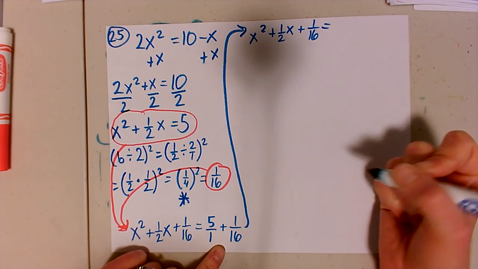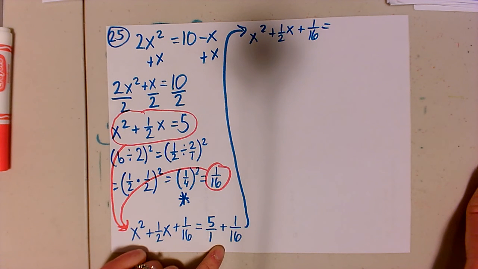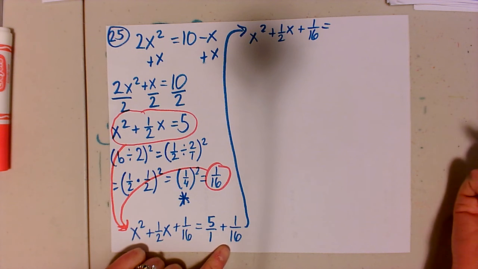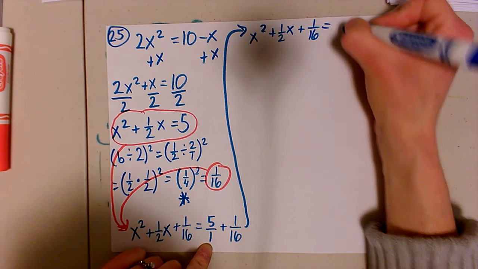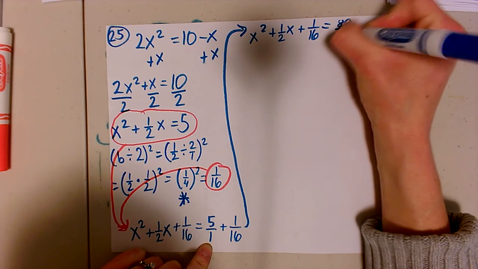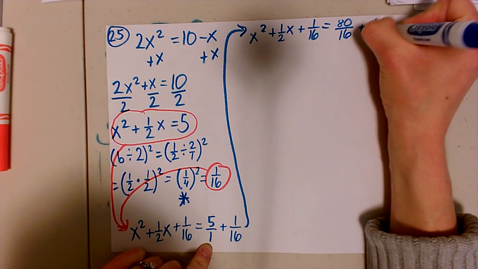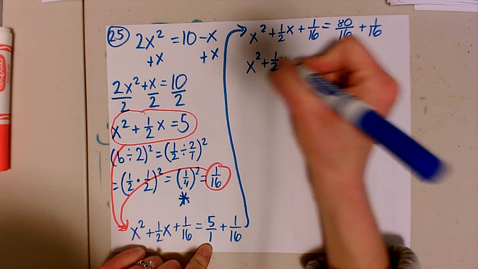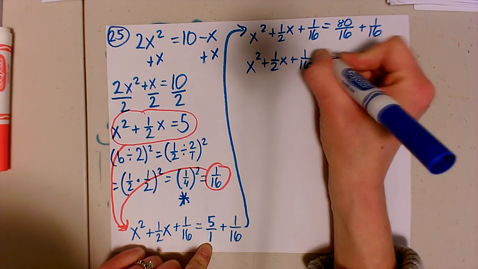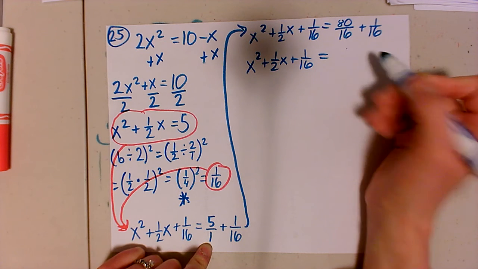Now, this 5 plus 1 over 16, we want to have the same denominator. So let's have a denominator of 16. So 5 times 16 is 80. So I'll have 80 over 16 plus 1 over 16. So x squared plus 1/2 x plus 1 over 16. We're going to simplify the right side.